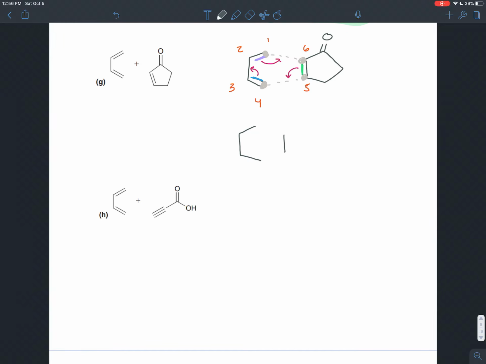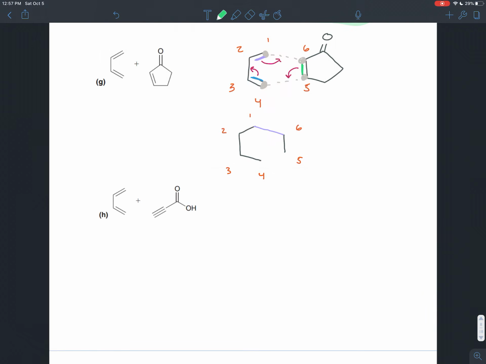So if you take those same pieces, let's just take the carbons that are involved in this cycloaddition, and then we'll worry about all of the other stuff in a second. So looking at that, that purple bond is going to go from being between carbons 1 and 2 to being between carbons 1 and 6, so that forms that sigma bond there.